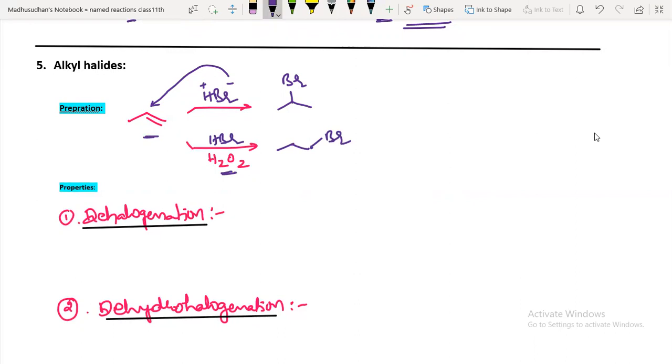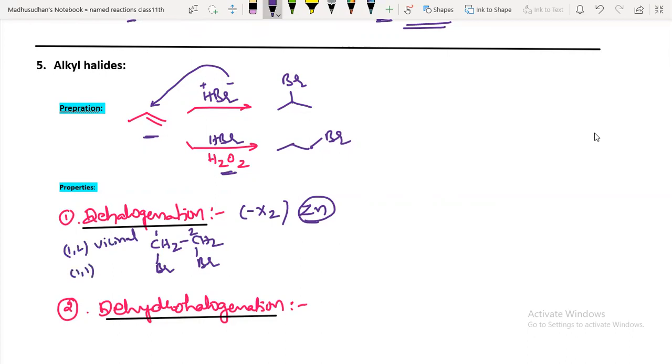And in the properties, first I will discuss dehalogenation. Dehalogenation means removal of X2. The reagent used for this is zinc. So if you use zinc, what happens? Let's see. Suppose CH2 is there, one bromine here, one bromine here. So which type of compound is it called? If bromines are attached at 1, 2 position, we call them vicinal dihalides.